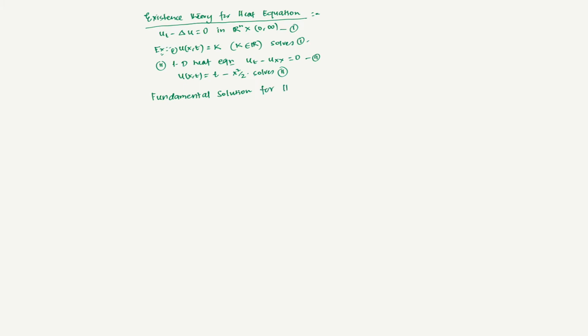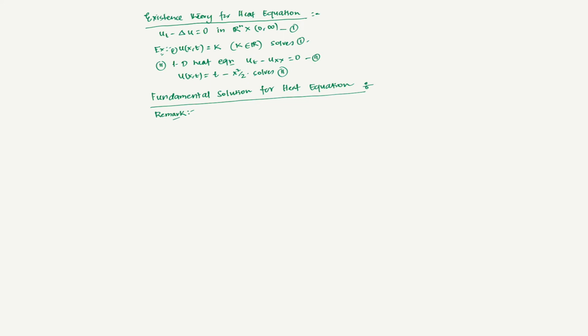For the Laplace equation we know what the fundamental solution is. I want to find it for the heat equation. So one small remark: while finding the fundamental solution, you remember for the Laplacian we used the fact that the Laplace equation is rotationally invariant, and hence we looked for radial solutions.